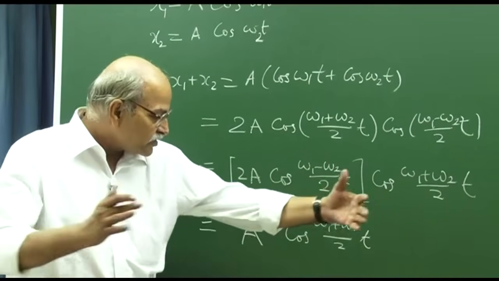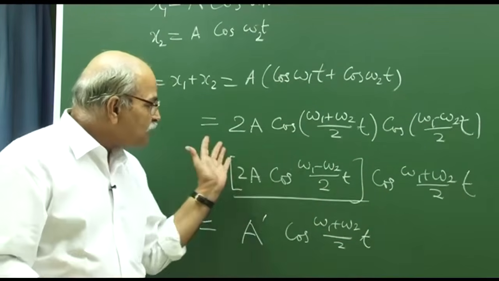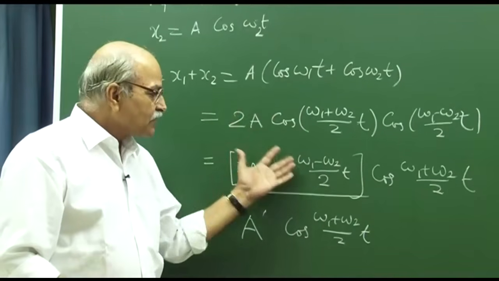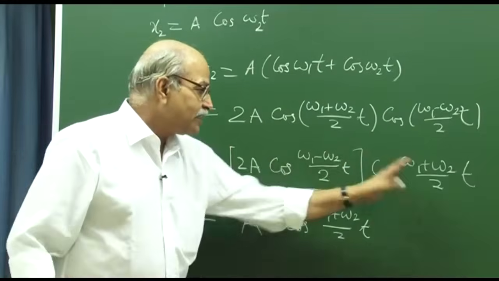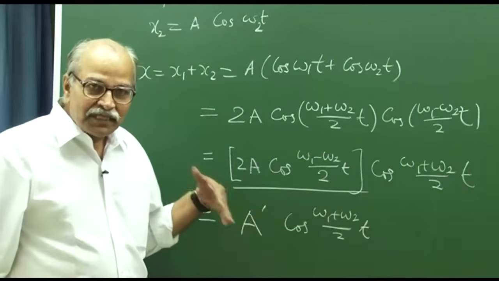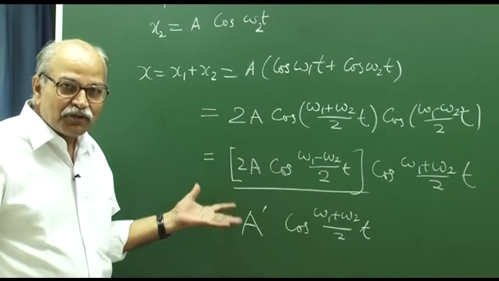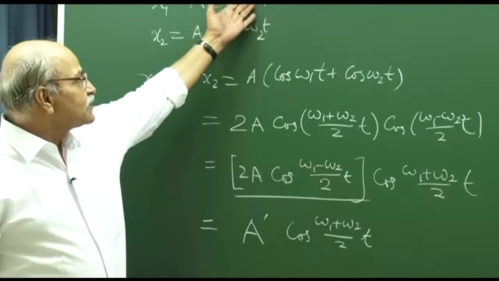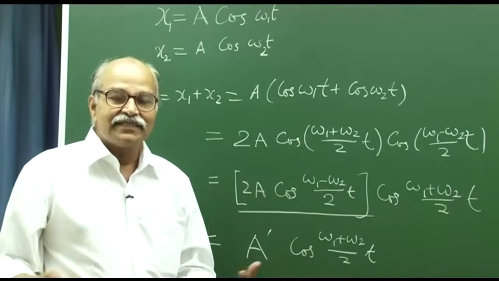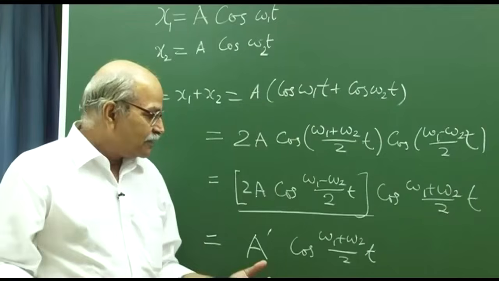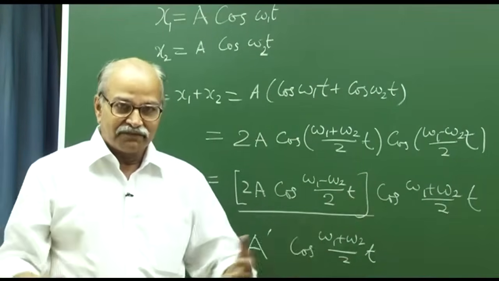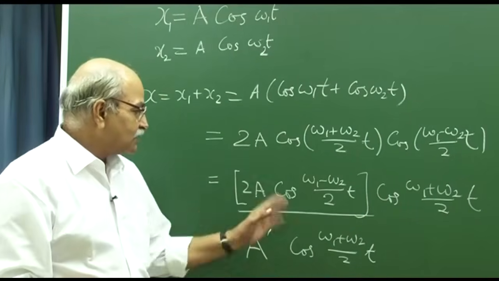Over a large time the amplitude will gradually change, and the whole thing is oscillating with a mean frequency. So, this is a kind of beat phenomenon where you have two frequencies combined, and the amplitude is continuously changing, and if they are close enough, then over a period of time you can see things change with a large amplitude.